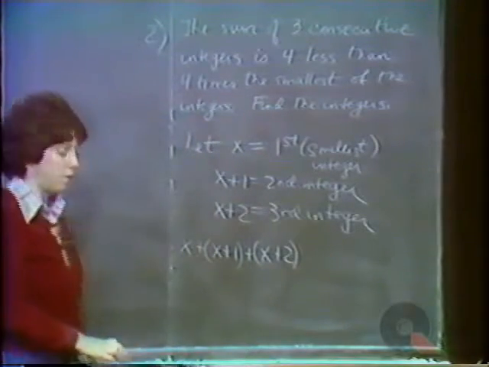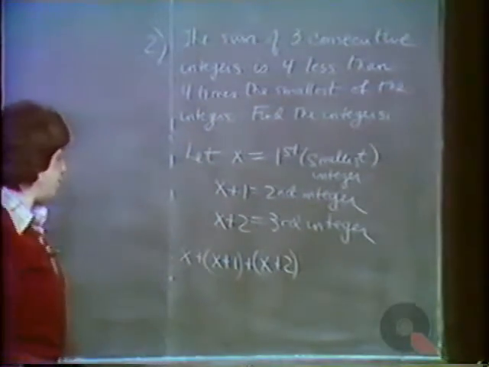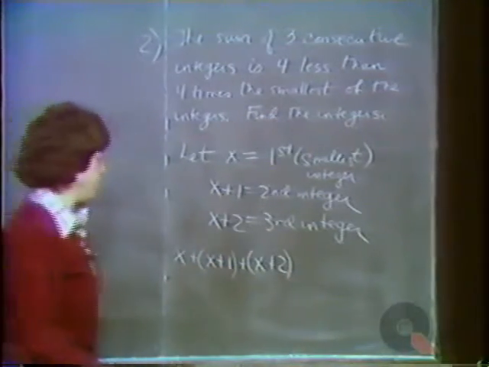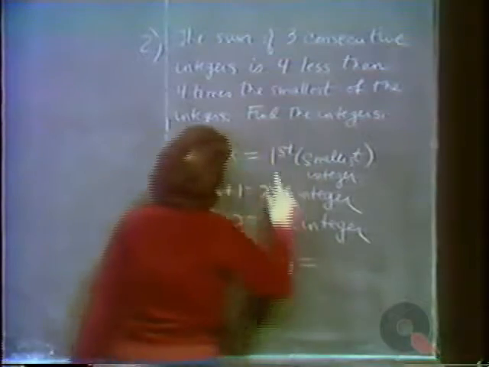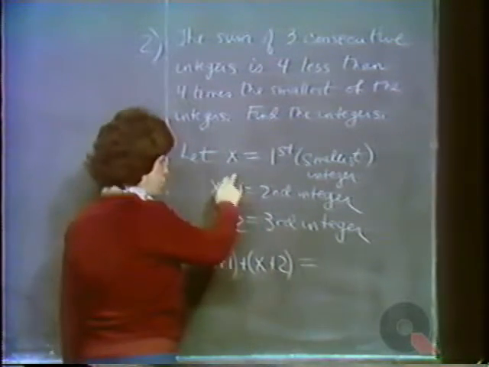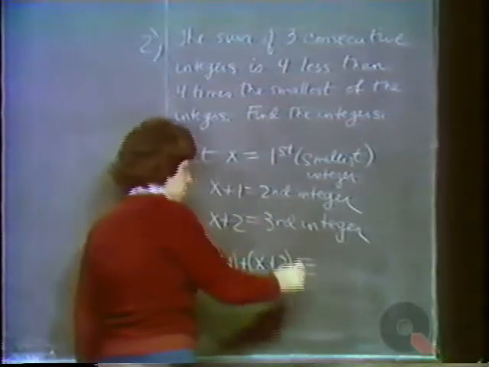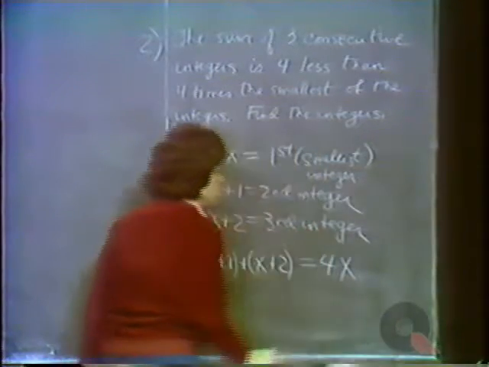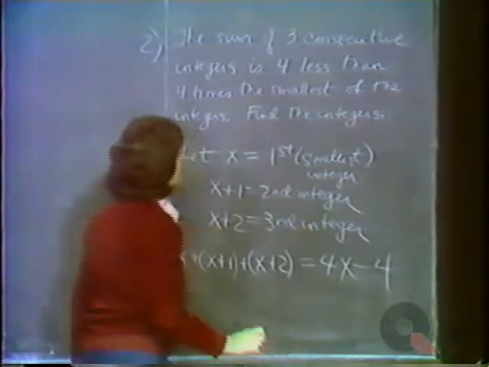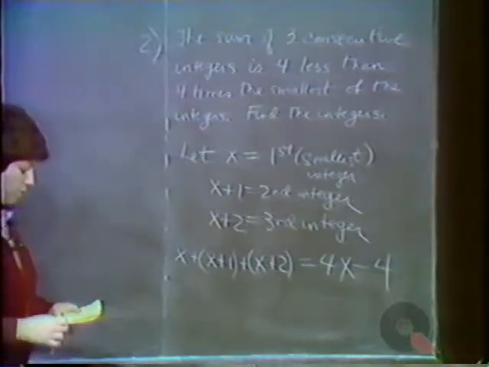I'm just putting them there to clarify it for you. The sum of the 3 consecutive integers is 4 less than 4 times the smallest of the integers. This is the smallest, x. 4 times the smallest is 4x, and we want 4 less than 4 times the smallest.